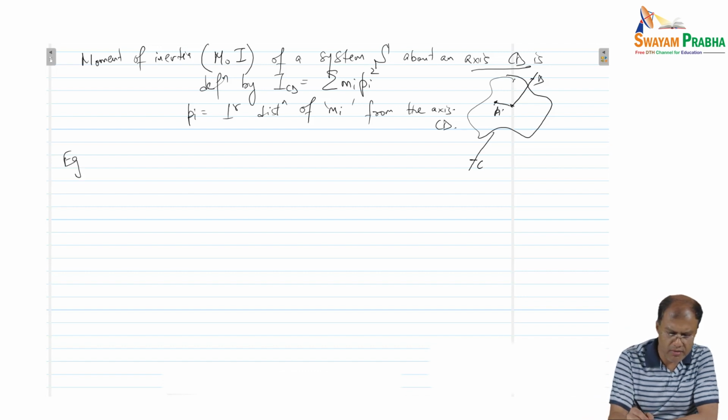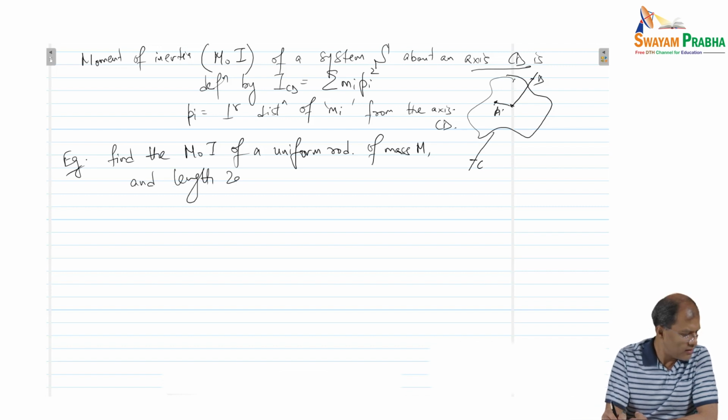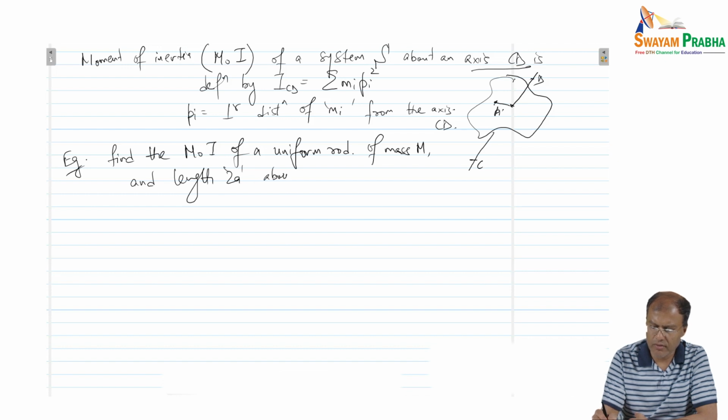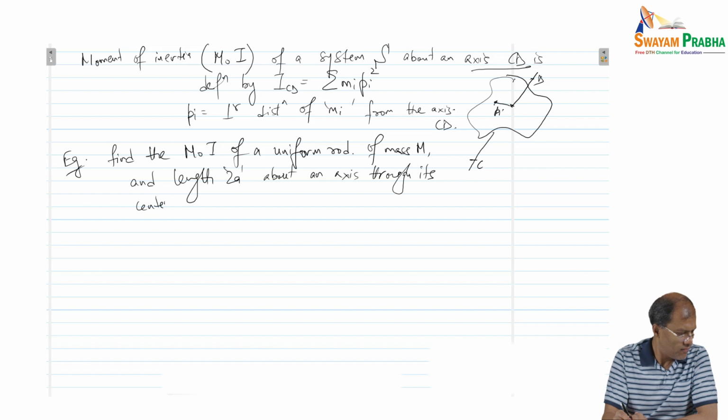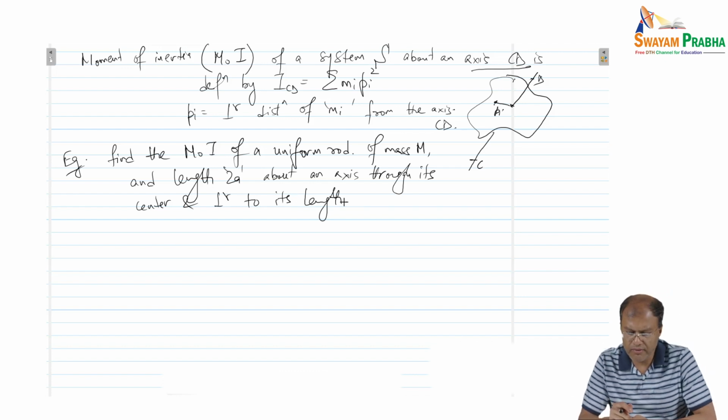So one example is: find the moment of inertia of a uniform rod of mass m and length 2a about an axis through its center and perpendicular to its length.